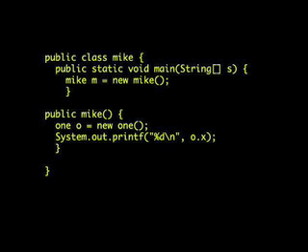Now, what would you do with such a thing? Well, one example is that instead of it being a program that you can run, you could leave out the main if you wanted. What it would be used for then is as a class that would be instantiated or used by another Java program, such as this one, Mike.java, in which during its own initialization it says 1 O equals new 1.